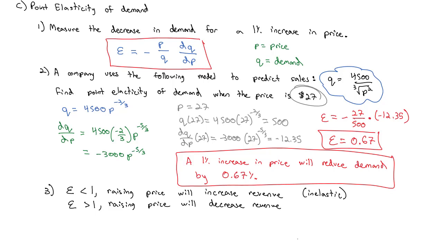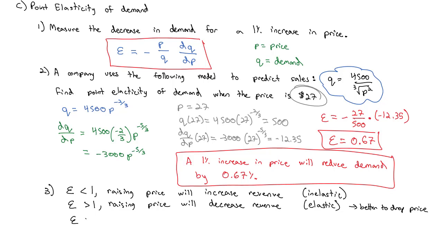More decrease than increase. It's not going to help us out. We call this elastic, because the market is going to change sharply to an increase in the price. In these cases, when we're elastic, it's better to drop the price, which will increase the revenue.